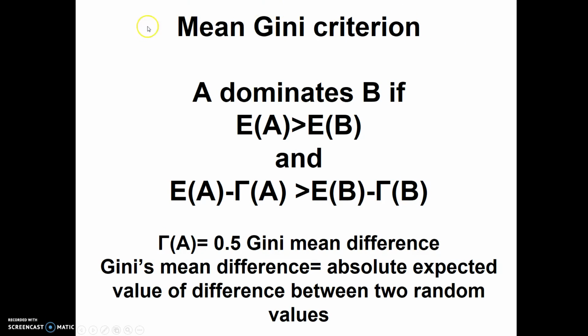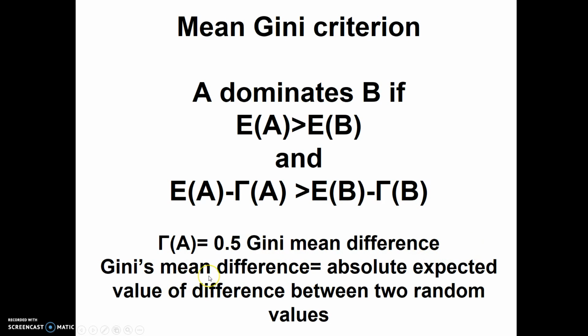The last criterion, if the other criteria have not worked, is the mean-Gini criterion. With this, strategy A dominates strategy B if the expected value of A is greater than the expected value of B, and the difference, expected value minus gamma, of this treatment is greater than the expected value minus gamma of B. The function gamma for a treatment is equal to half the Gini mean difference.